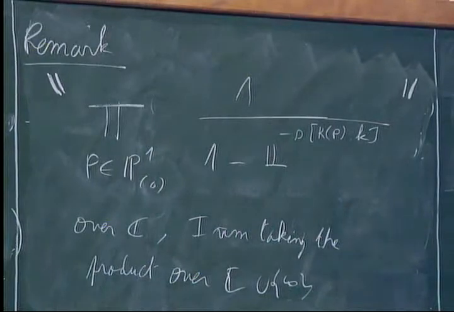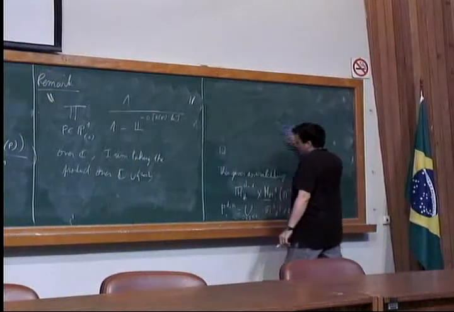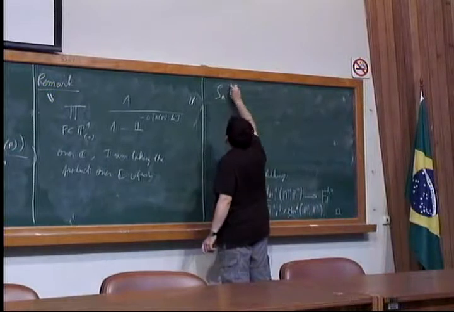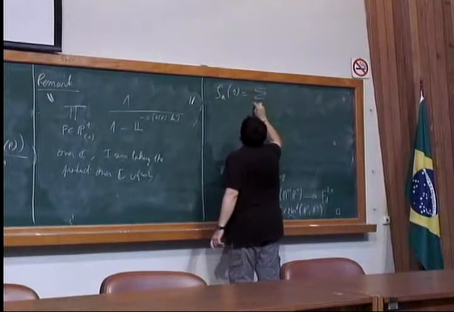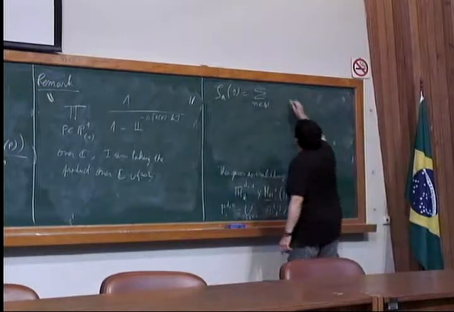Well, that's not too hard. Because even over Q, you know that zeta_Q of s is equal to a sum. You might write it as a sum instead of writing it as a product.